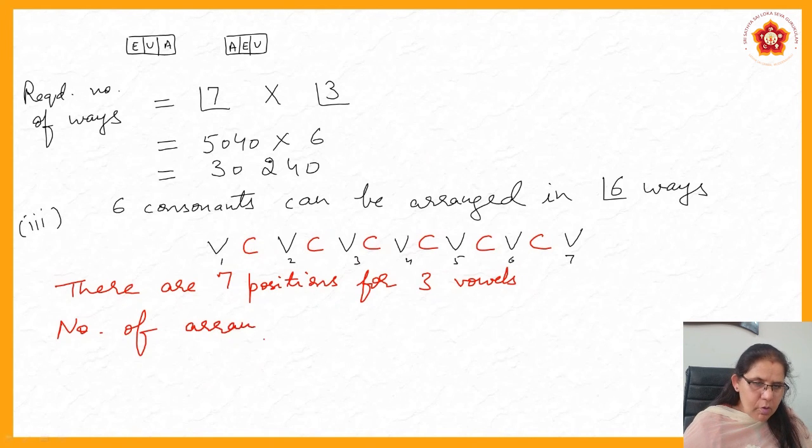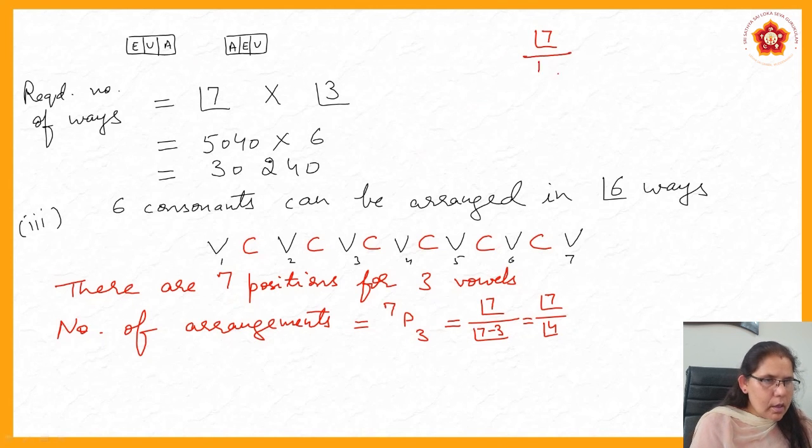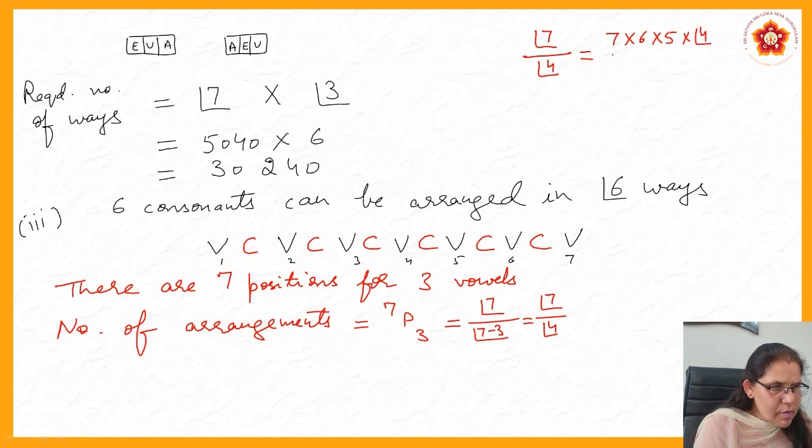So what would be the number of arrangements? The number of arrangements would be 7p3. And what is 7p3? Factorial 7 upon factorial 7 minus 3, which is factorial 7 upon factorial 4. Let me solve it here. Factorial 7 can be written as 7 into 6 into 5 into factorial 4.